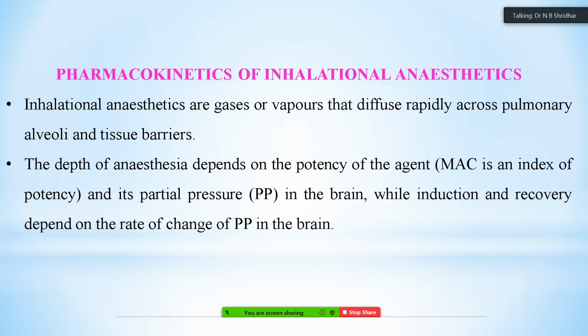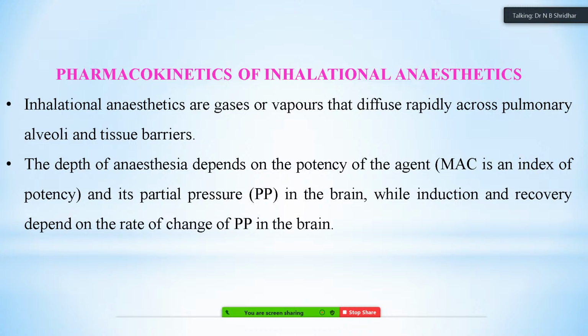Coming to the pharmacokinetics of inhalation anesthetics, these are gases or vapors that diffuse rapidly across pulmonary alveoli and tissue barriers. Most of the tissue barriers are passed by these inhalant anesthetics. The depth of anesthesia depends upon the potency of the agent, especially the MAC, which is an index of potency.